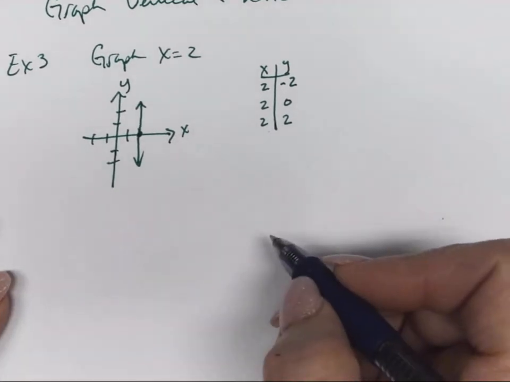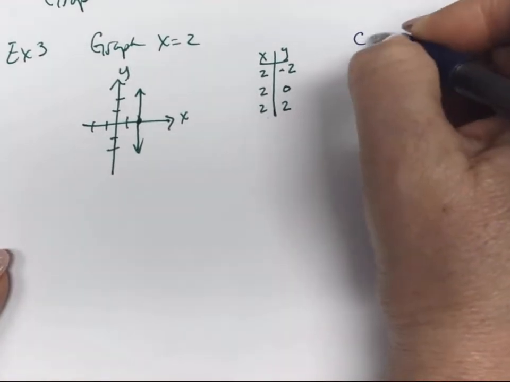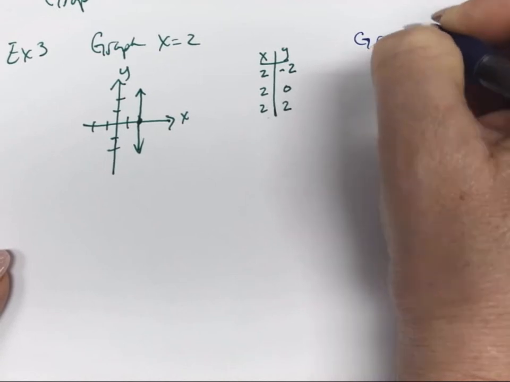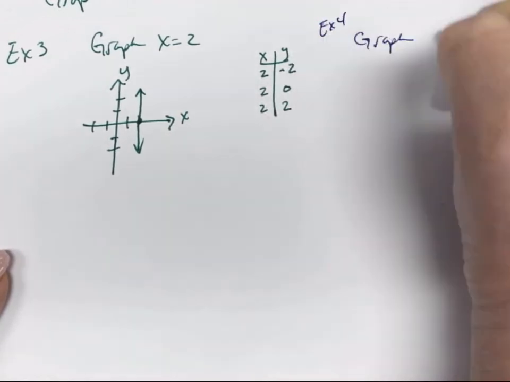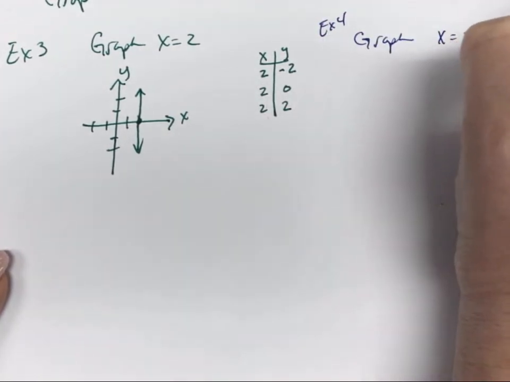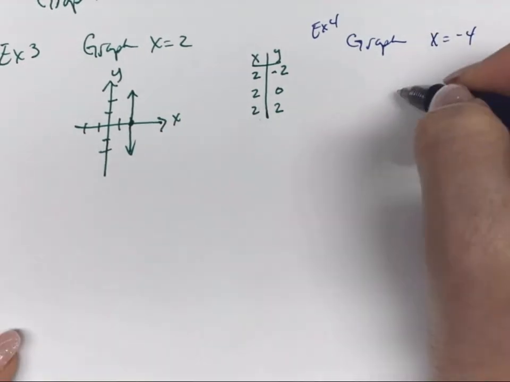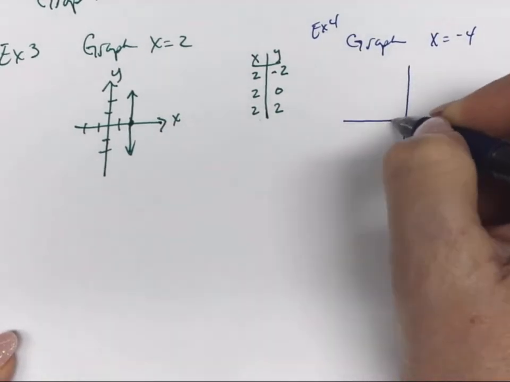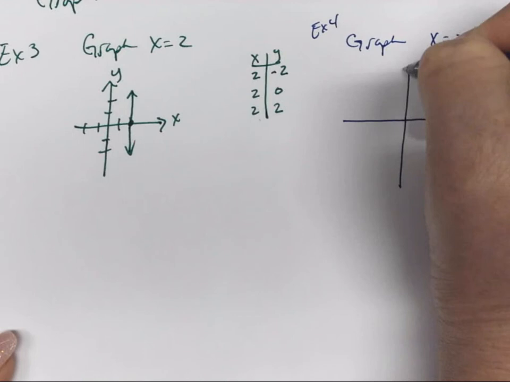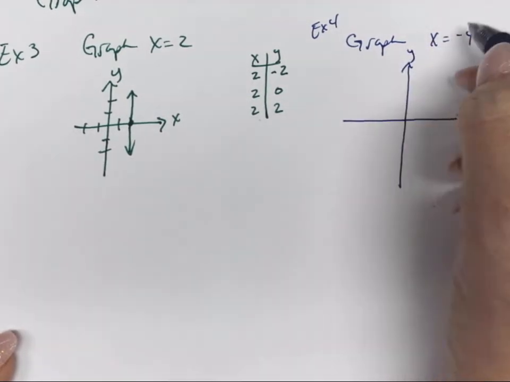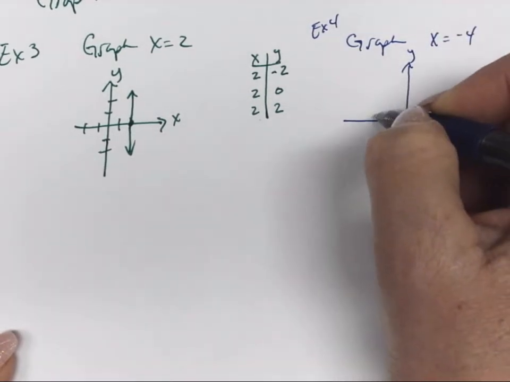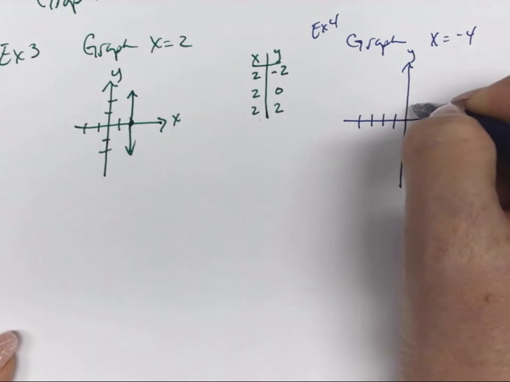So if we want to graph, so this will be example 4, x is equal to -4. Again, all you have to do is graph at the point x equals -4, so it's basically an x-intercept.